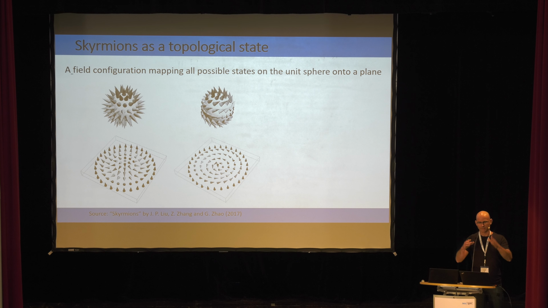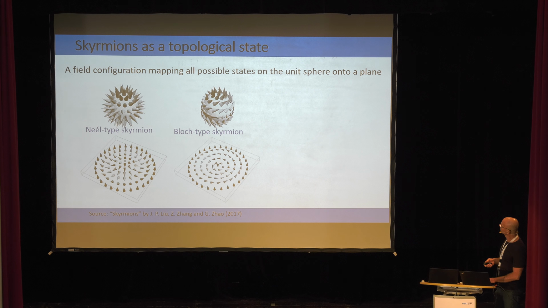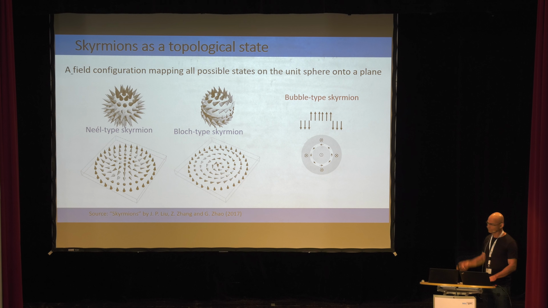This extreme state, which is the degenerate case of the two other types, is what we know as a magnetic bubble, and the area where the change occurs abruptly is called the domain wall of the magnetic bubble. So these are called Néel-type skyrmions, these are called Bloch-type skyrmions, and this is the magnetic bubble which degenerates the two of them.